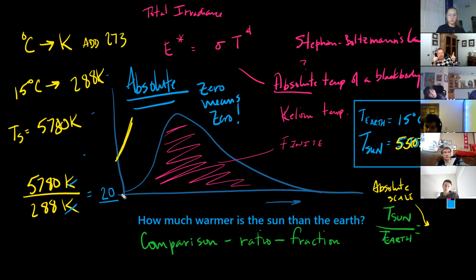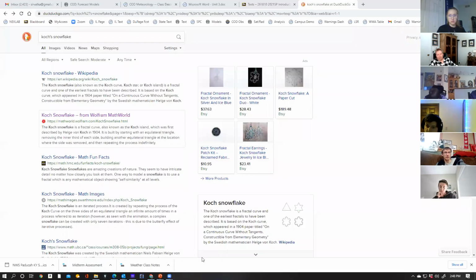But here's the question. Do you agree that the sun gives off more radiation than the earth? How much more radiation does the sun give off than the earth?